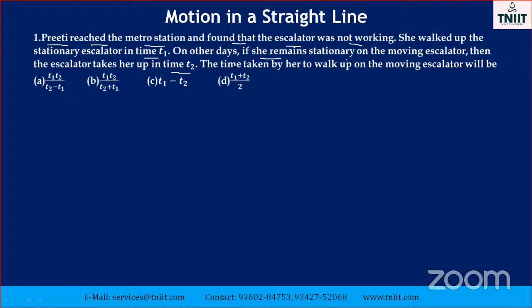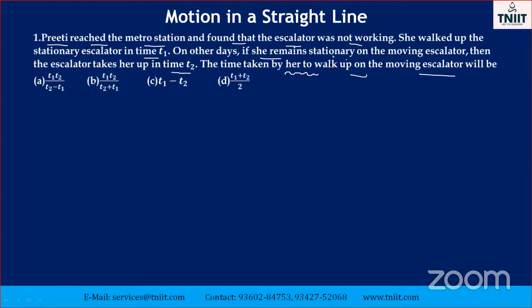So on some other days, the escalator is working, she is stationary and the escalator is moving, and it takes time T2 to reach. Then what will be the time taken by her to walk up on the moving escalator? Even as the escalator is moving, Preeti is walking on that moving escalator. Then the time taken is what is asked.